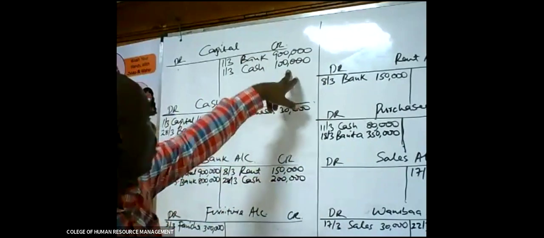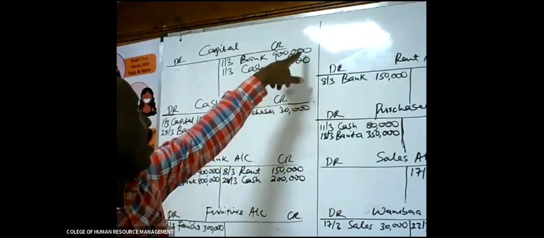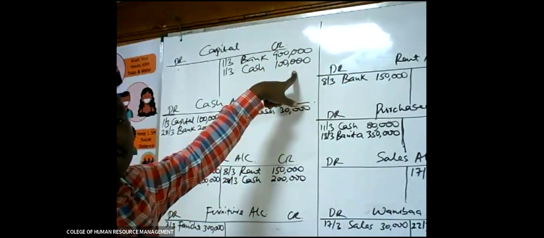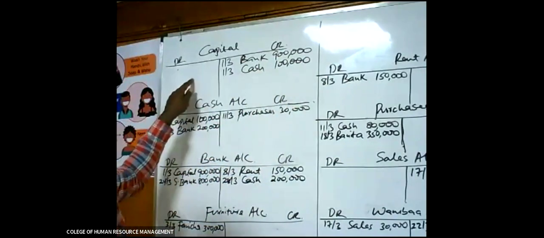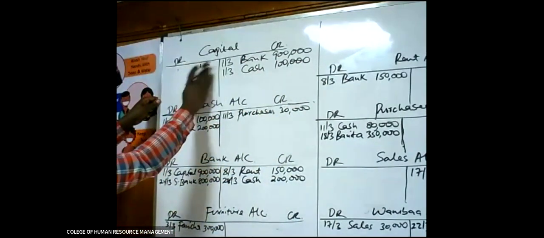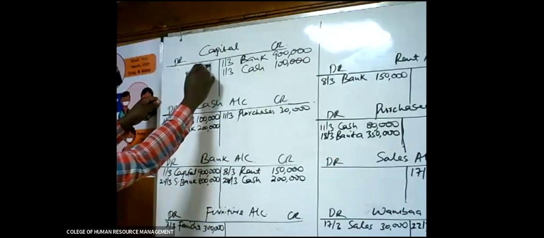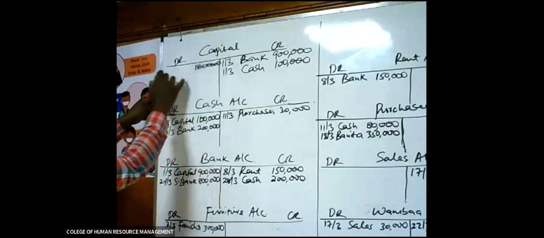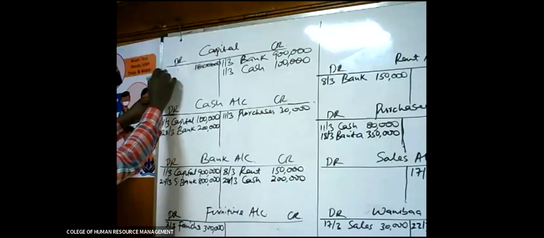So like here, this is 1 million on the credit, 900,000 plus 100,000. But on the debit, there is nothing. So this one is missing 1 million. And that is what you write here.